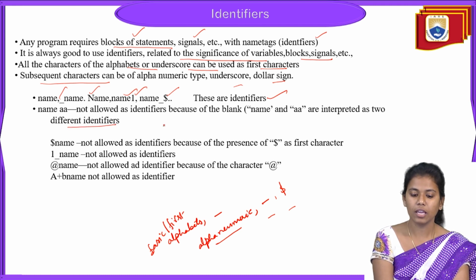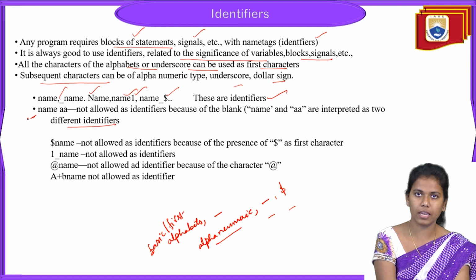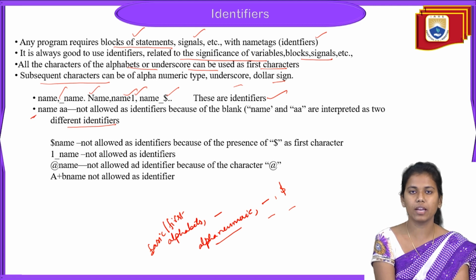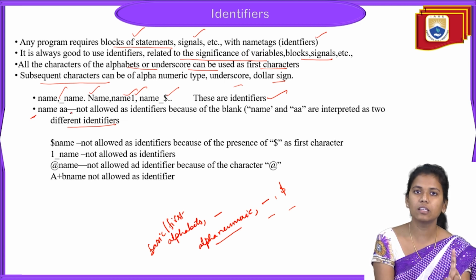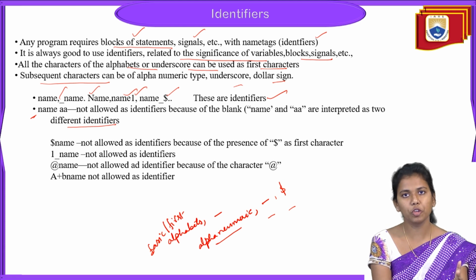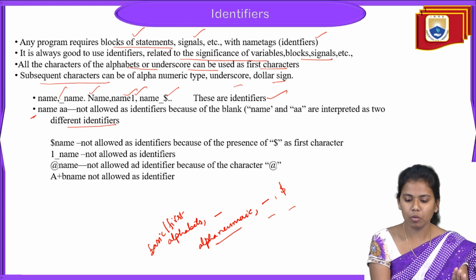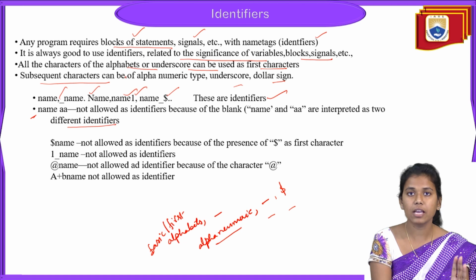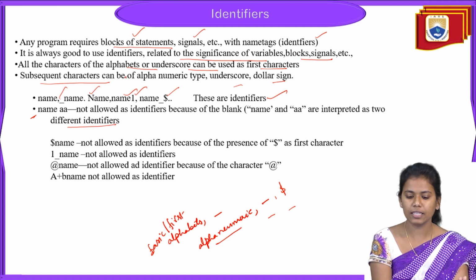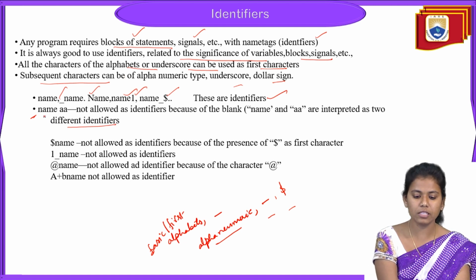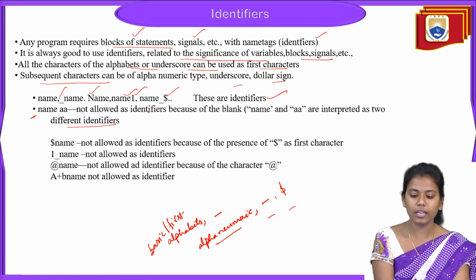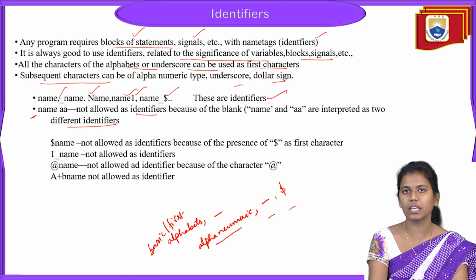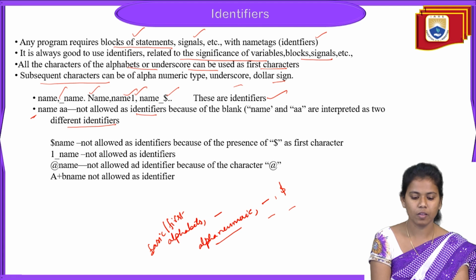Here nowhere in this second sentence are we observing any underscore, alphanumeric bits, alphabets or dollar sign. It clearly says that name AA is not allowed as an identifier.